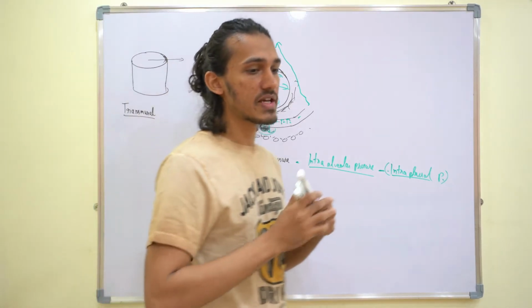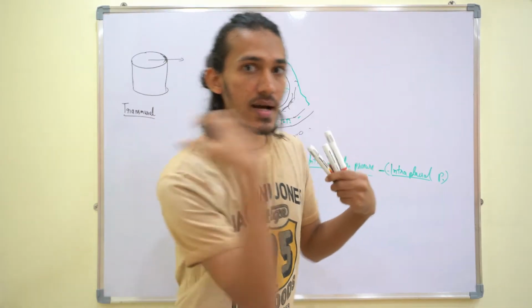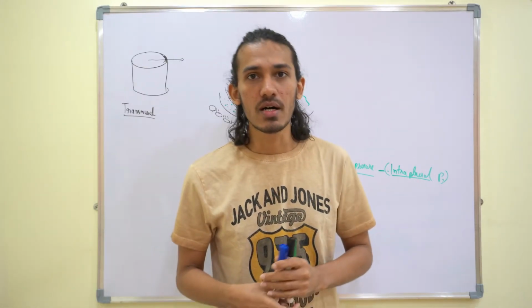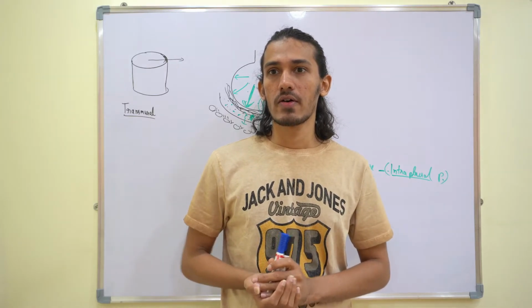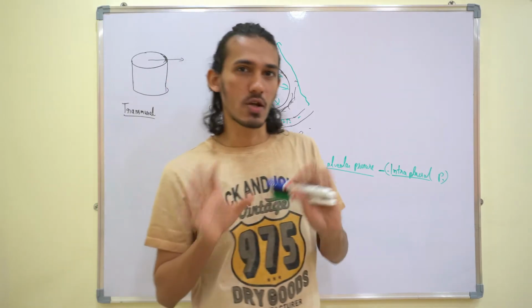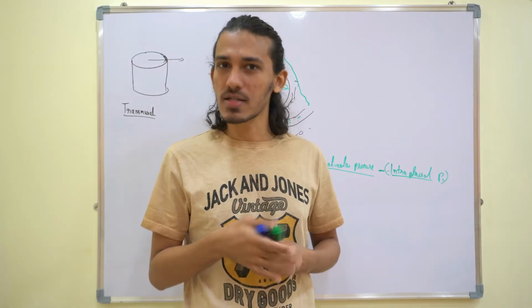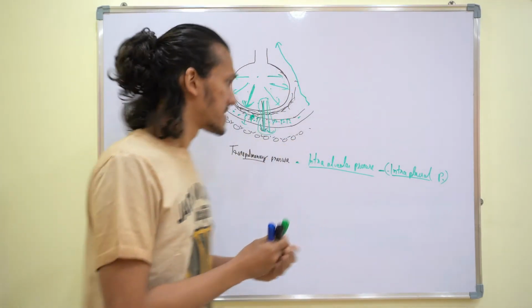Now that we understood this concept and what transpulmonary pressure is, there is a concept called the equal pressure point. That is especially important when you talk about dynamic obstruction. I've seen questions being asked on this, so I'll just mention it also.